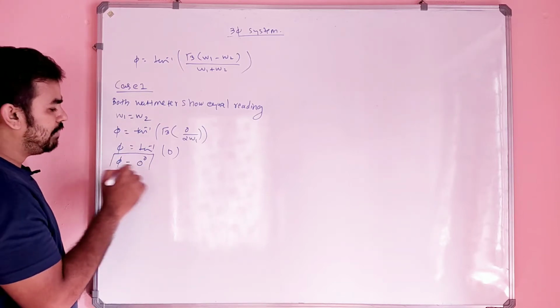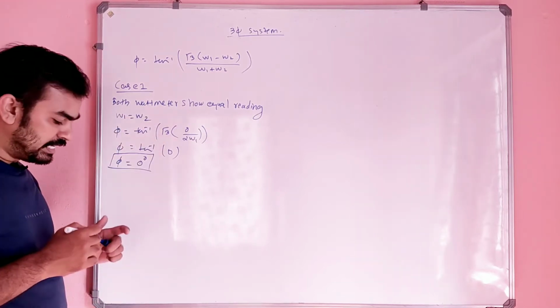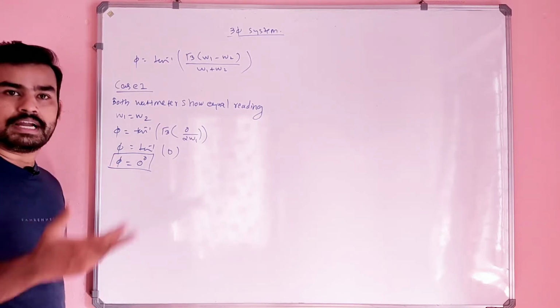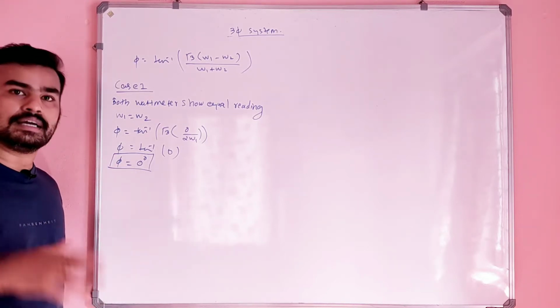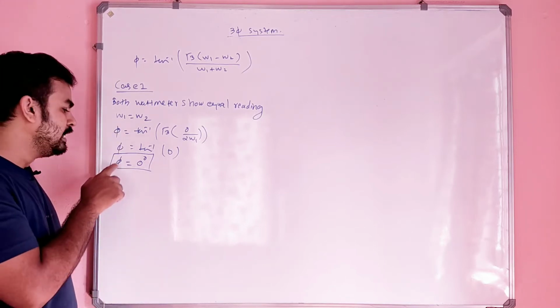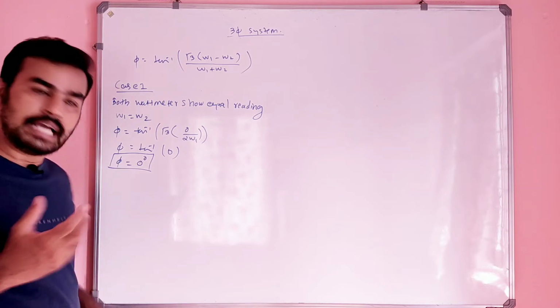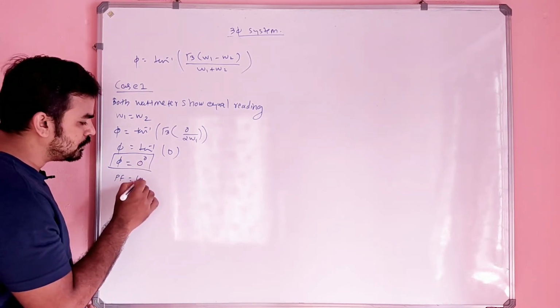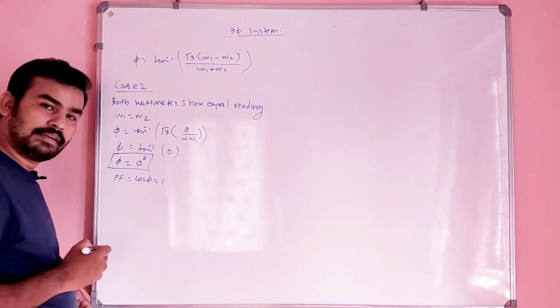That means when both wattmeters show equal reading in a three-phase power measurement experiment using the two wattmeter method, the meaning is that phi is equal to 0 degree. That means the power factor cos phi is equal to 1.